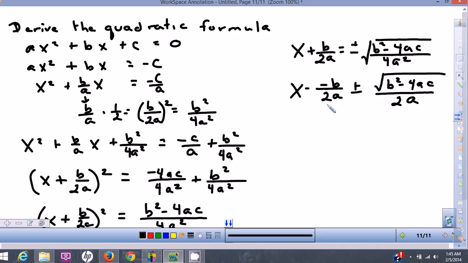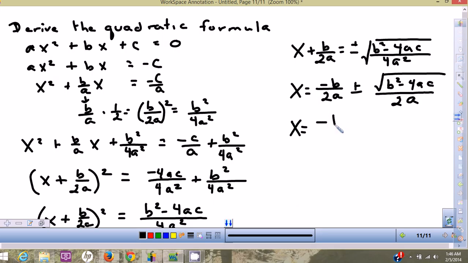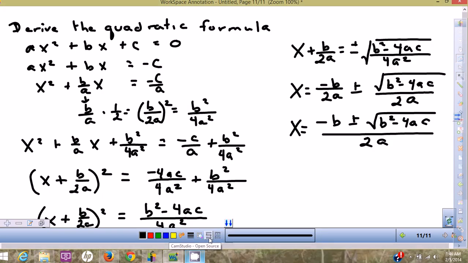Both of these have the same denominator, which means I have solved for x, and I can make this one fraction. X equals negative b plus or minus the square root of b squared minus 4ac all over 2a. That is the quadratic formula.